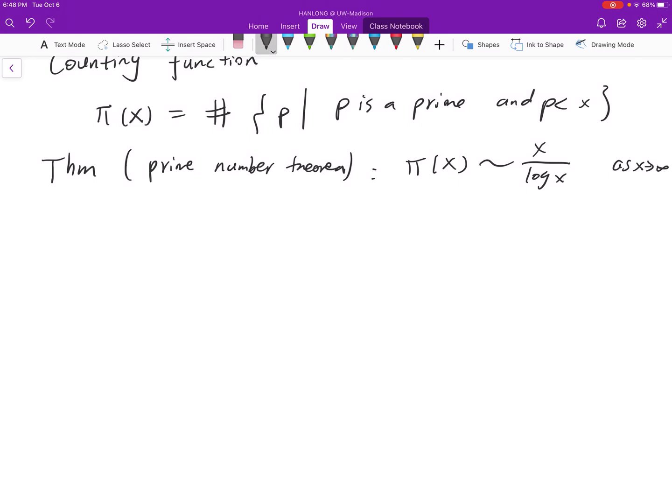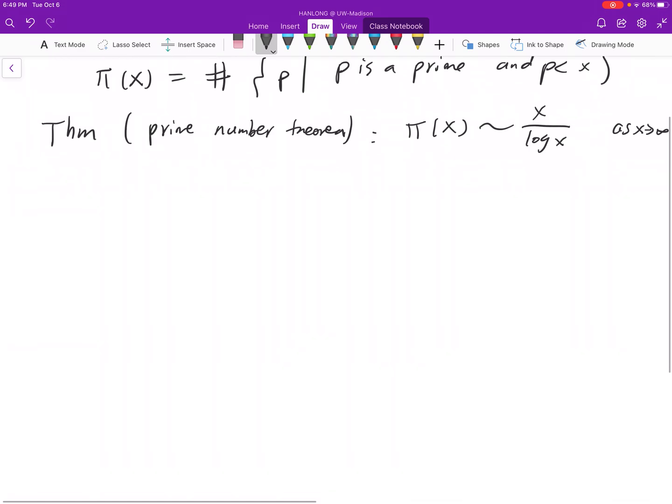This theorem is pretty significant. I think the first proof was probably given 100 years ago, but the result was already known to Gauss, at least to Gauss, by computation.